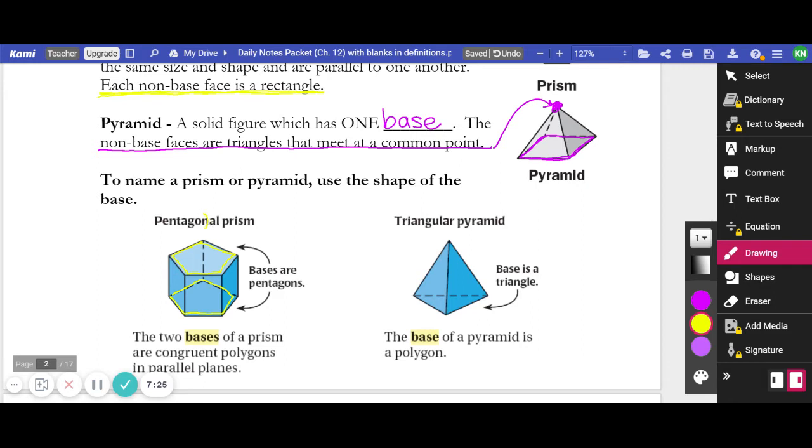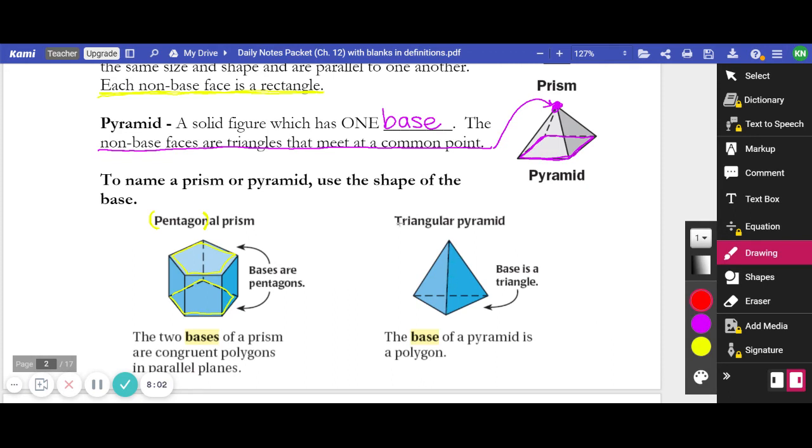You put pentagon and then you add the AL on it to make it an adjective. A pentagonal prism. You usually add AL or AR depending on the word. And that takes some getting used to. So if you say it wrong, it'll be okay, as long as I can tell that you were trying to say the correct shape. We won't be too picky.